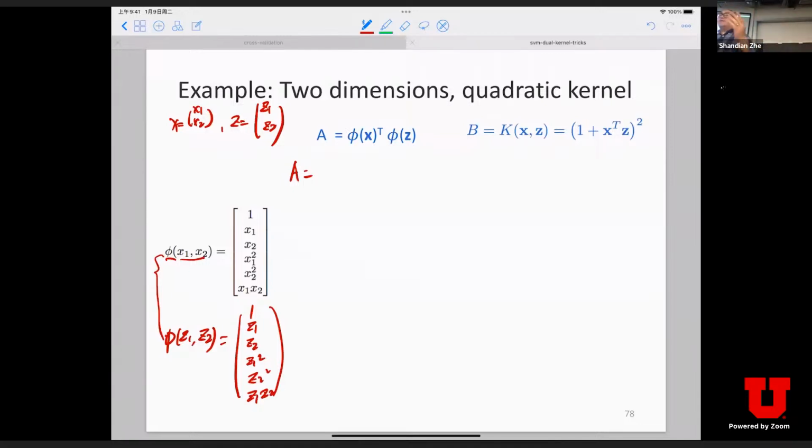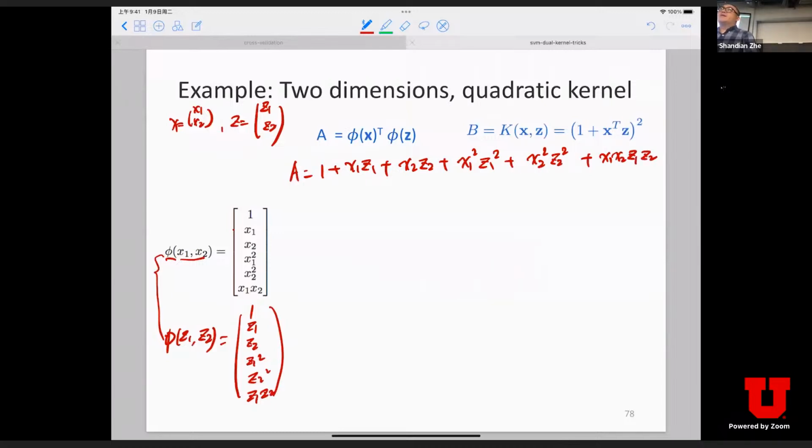So 1 times 1, plus x1 z1, plus x2 z2, plus x1 squared z1 squared, plus x2 squared z2 squared, and eventually x1 x2 z1 z2. Any questions so far?